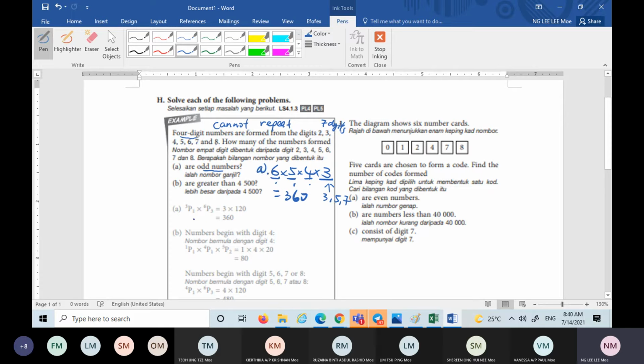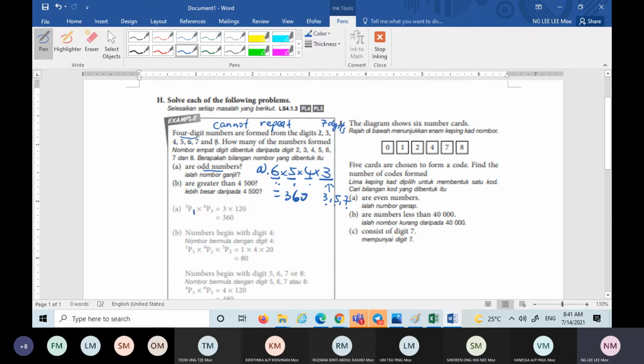Okay, so if I would like to explain this 3P1 and the 6P3. 3P1 means here, out of these 3, 1, 2, 3, you choose 1.